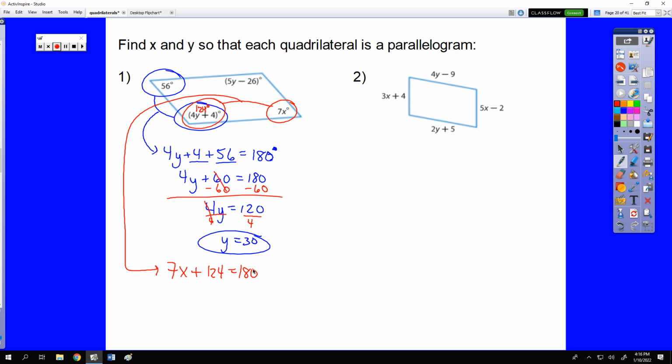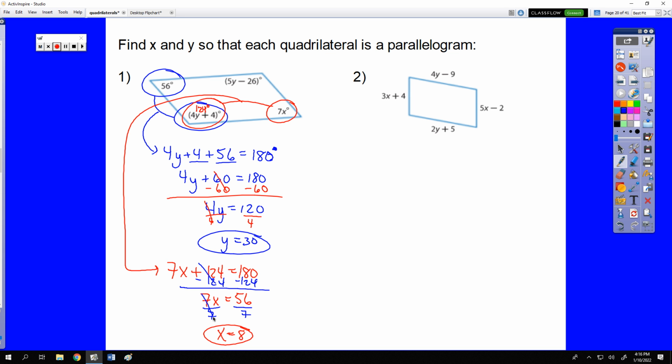We can solve that equation by subtracting 124 from each side and dividing by 7, which would give us x has to equal 8. So we can do one and then the other. And what we've done by setting up these specific equations is we have forced both sets of opposite sides to be parallel, and in return, we force that to be a parallelogram.